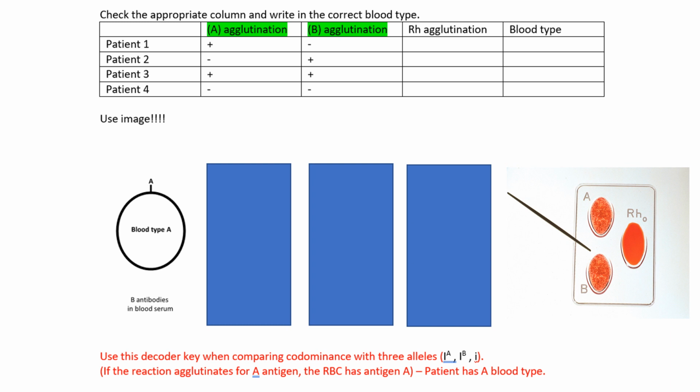So now you go down and look at the image, and this is how it would actually appear if we were able to use a high-powered microscope to see the cell membrane. On the cell membrane of a red blood cell, you would have this molecule that would be antigen A. If the antigen reacts with the antibody that we're going to use, then you will have an agglutination occur.